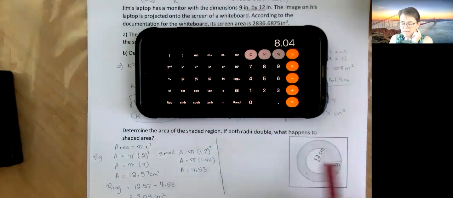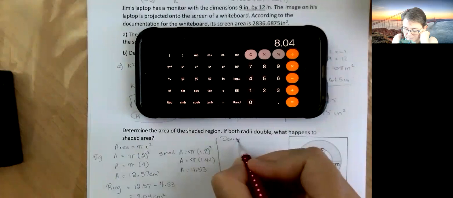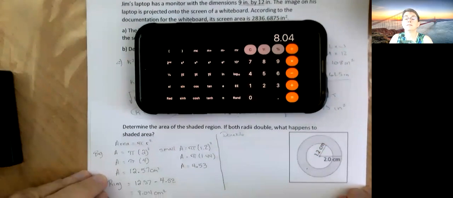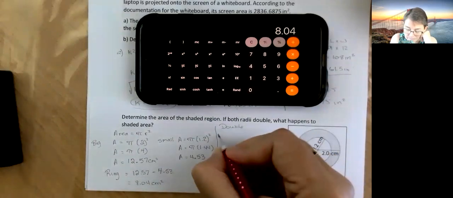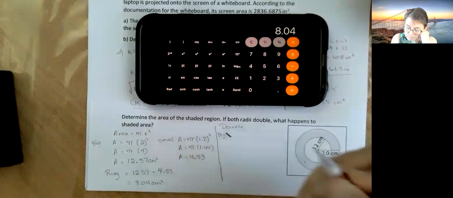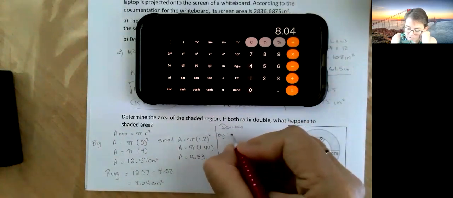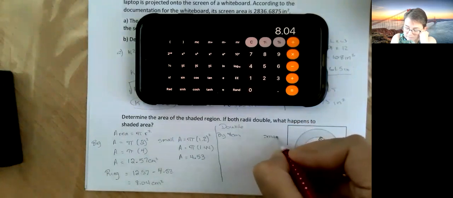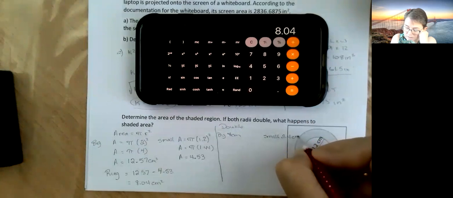Now, instead, both radii double. So let's make this double. Hey, now would be a really great time for you to turn off the video and do this part by yourself. So the big one is now going to be 4 centimeters, and the small one is going to be 2.4 centimeters.